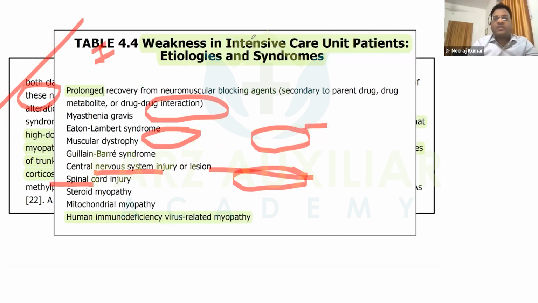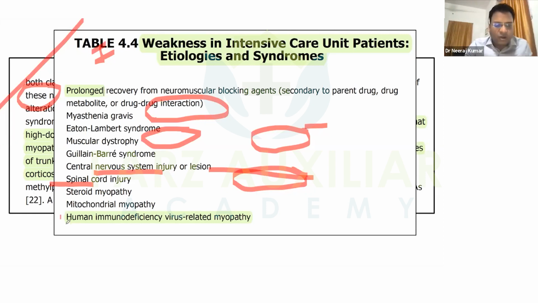And the other explanation is, what are the various causes of weakness in ICU? So there is a long list. I did not want to test about Eaton-Lambert, myasthenia gravis, GBS, spinal cord injury, because I was very sure that if I put this option, definitely you are going to mark these, because these are very pertinent causes of weakness in the ICU.